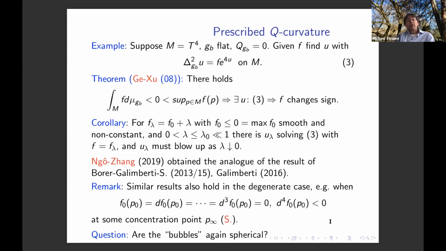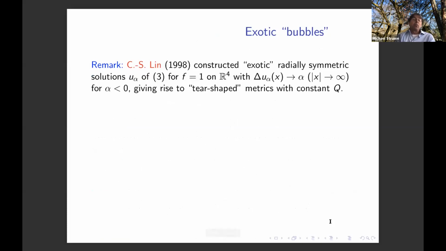This is not obvious because in 4 dimensions, there are exotic bubbles that were discovered by C.S. Lin in 1998. He, in fact, constructed radially symmetric solutions of the prescribed Q curvature equation for Q curvature f equal 1 that have a certain asymptotic behavior for the Laplacian, and therefore give rise to tear-shaped metrics.